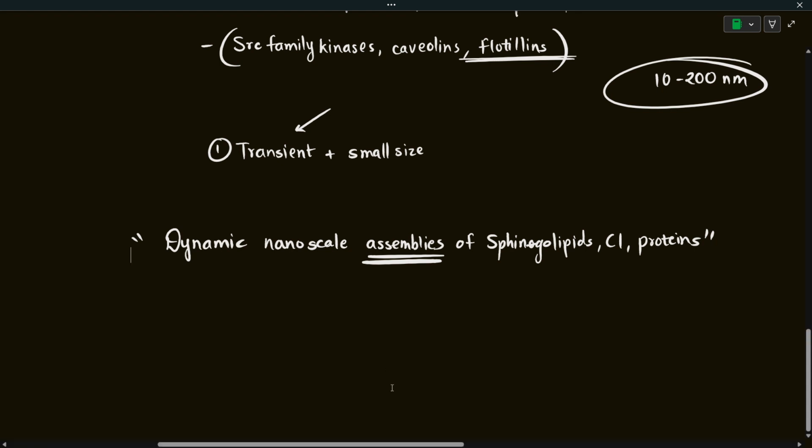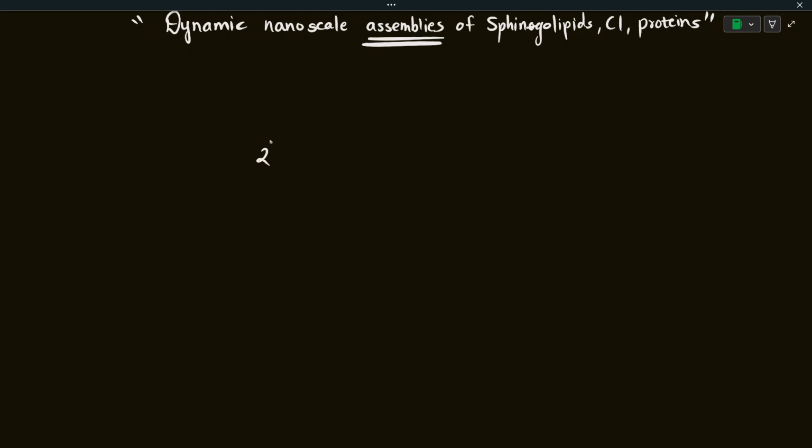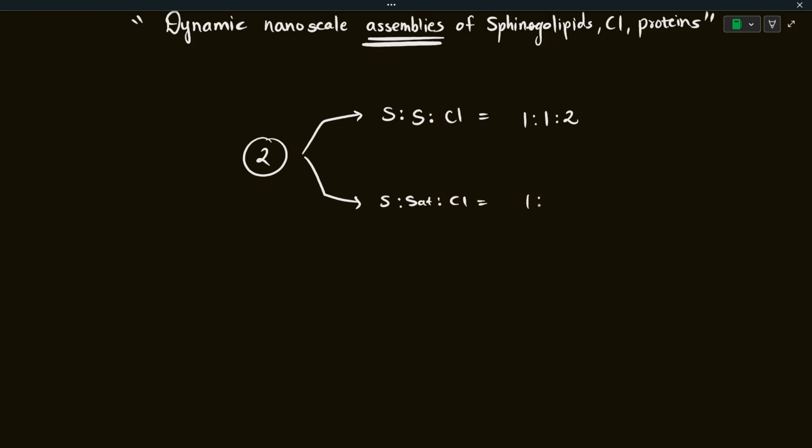detergent resistant membrane. So for example, let's say there are two lipid rafts with different composition. Let's say the composition of sphingolipids to saturated phospholipids to cholesterol in one membrane is 1:1:2, while in another membrane it is, let's say, 1:1.5:2.